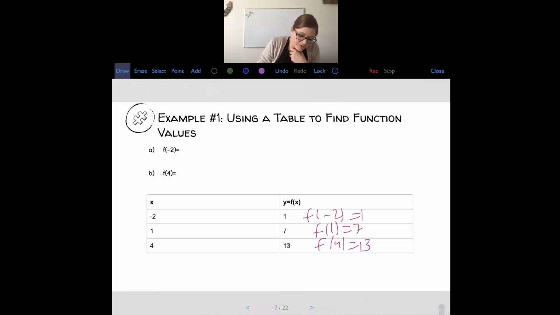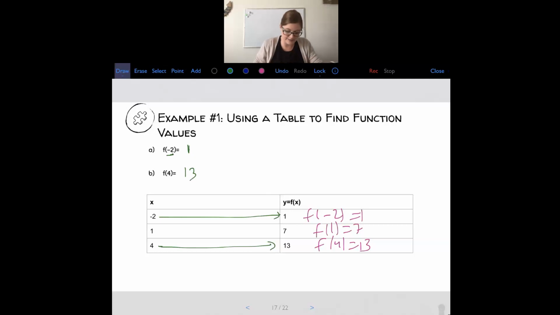So when we're finding values from a table, this is telling us that -2 is our x, or our input, and the corresponding output is 1. So f of -2 is 1. For f of 4, we go to x is 4, the corresponding y value is 13. So f of 4 is 13.